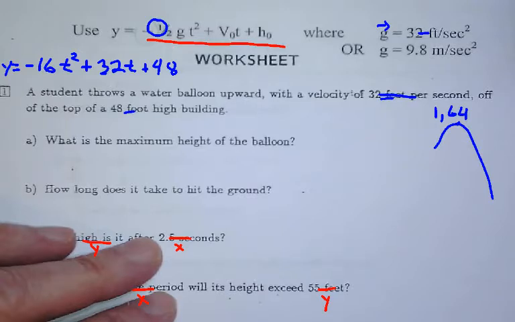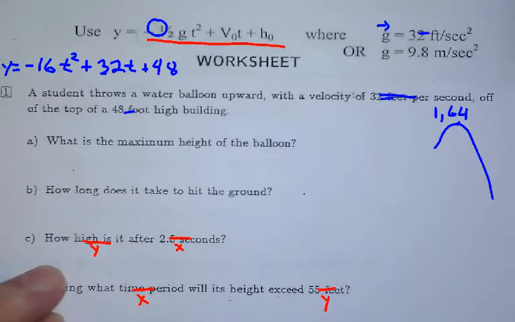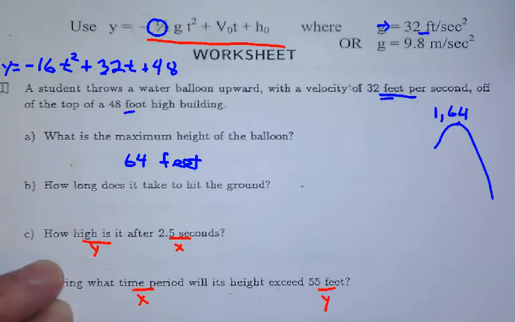That tells me that after 1 second, it's the highest it's going to be. And what is that height? It's 64 feet. Now remember that you have to write the units that you're measuring with. This one's measuring in feet. We decided that was feet. So your answer has to be in feet.